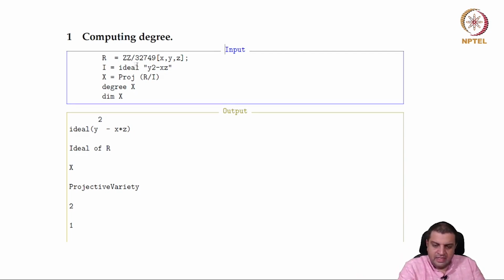We take the ideal to be y squared minus xz, and x is proj of R mod I. In Macaulay there is a command called proj for a graded quotient ring.